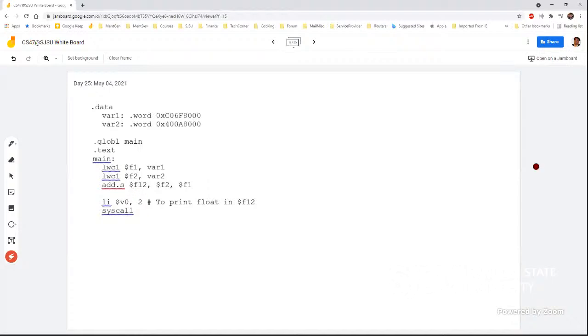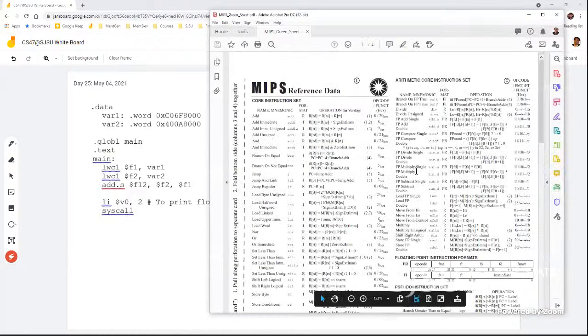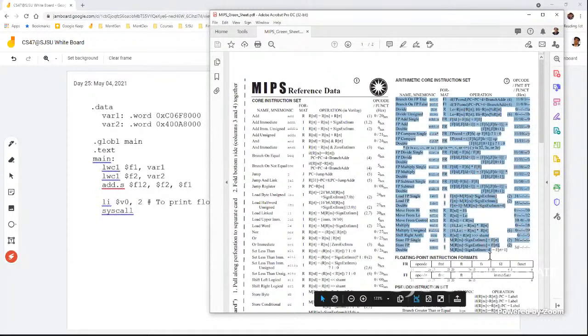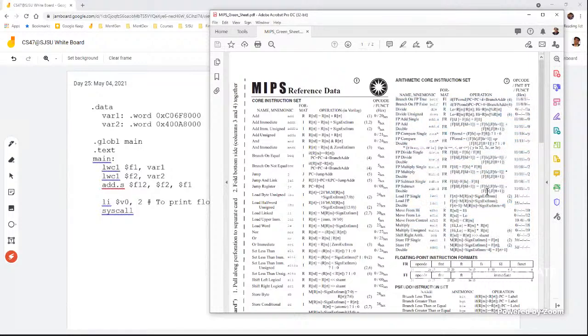Now, what are these instructions? This is easy to find out. You go to your MIPS reference data sheet and look at this section. It gives you a summary of the available floating point operations in the MIPS coprocessor 1. First let's look at LWC1. It says load floating point single.